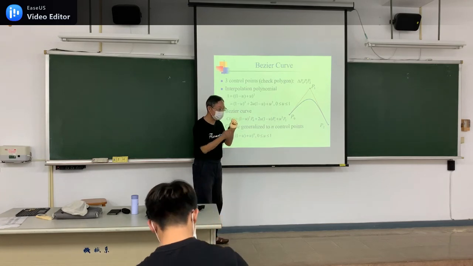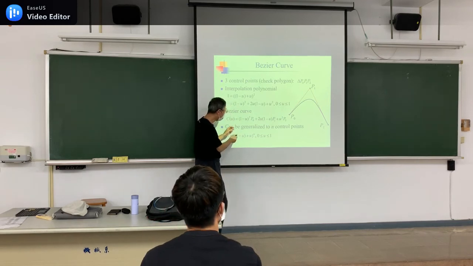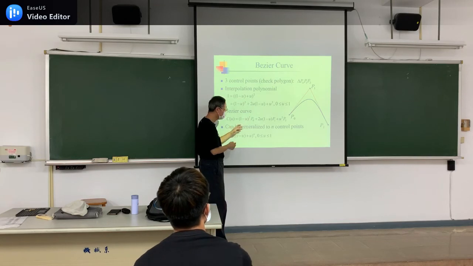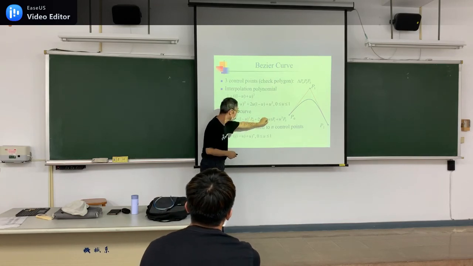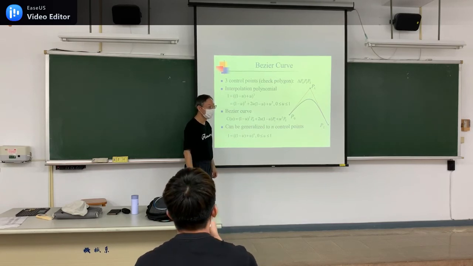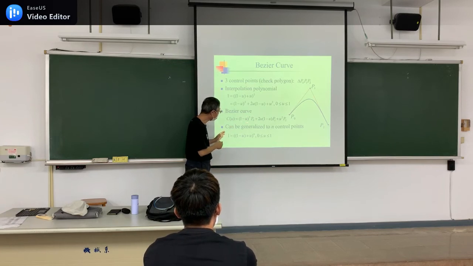When U is small, more weighting on P0. For example, U is 0, only this is nonzero and the others are 0. So when U is small, more weighting on P0.